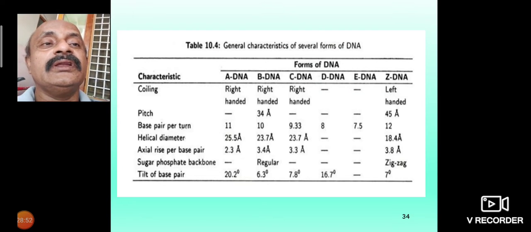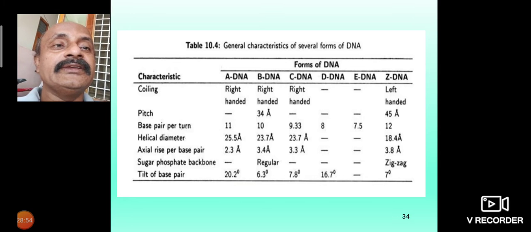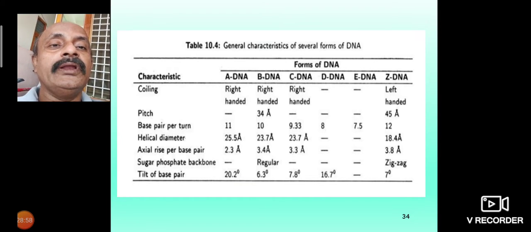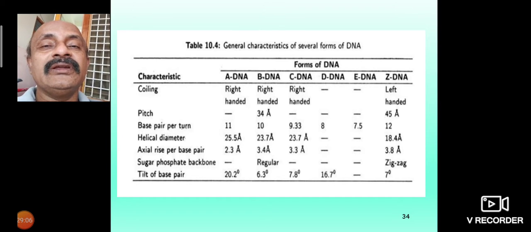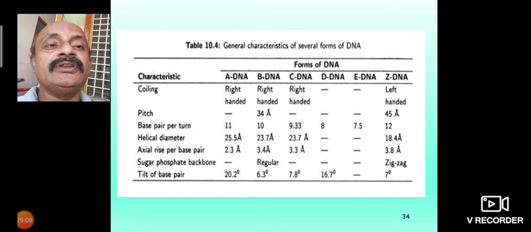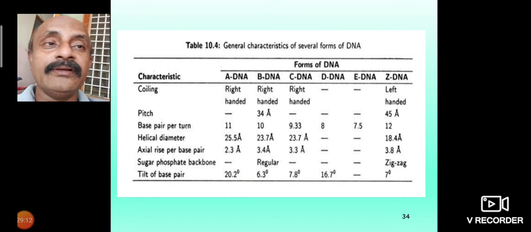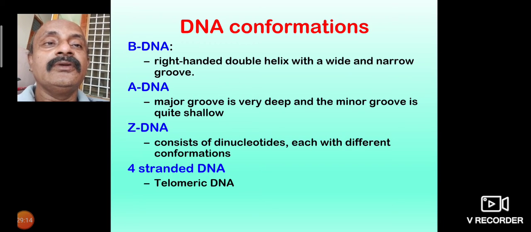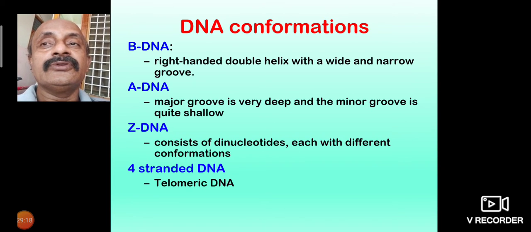So this one is generally characteristic of several forms of DNA: coiling pitch, base pairs, helical diameter, sugar phosphate backbone, tilt. This is different in A-DNA, B-DNA, C-DNA, D-DNA, E-DNA, Z-DNA. So majorly four types of DNAs are present, and only three types are major.